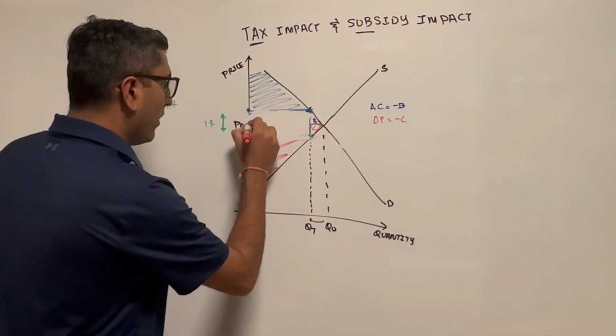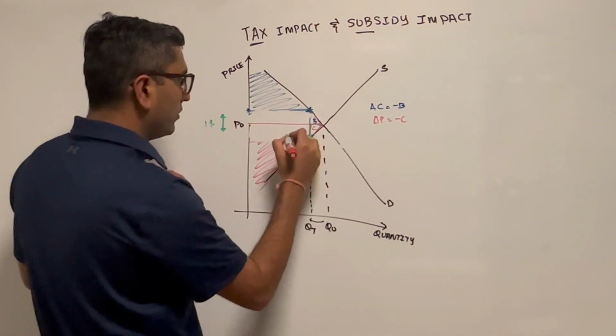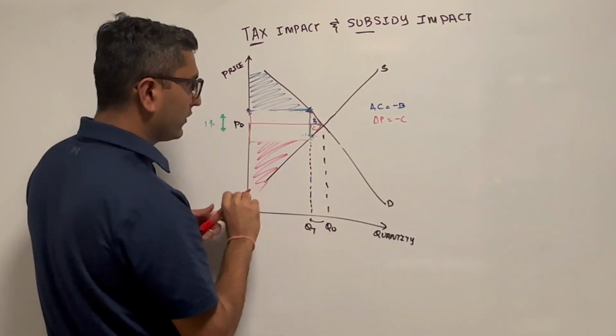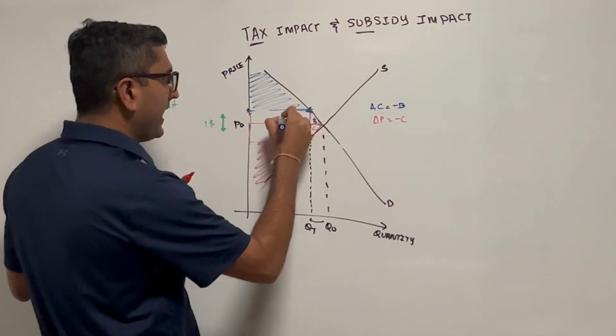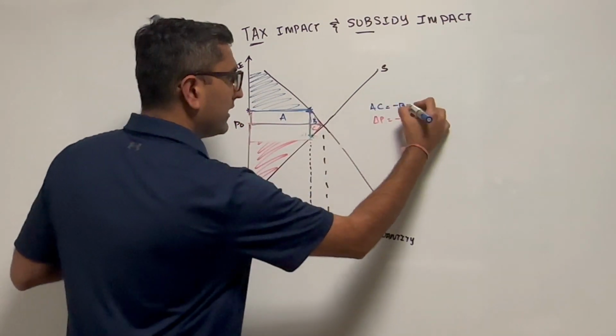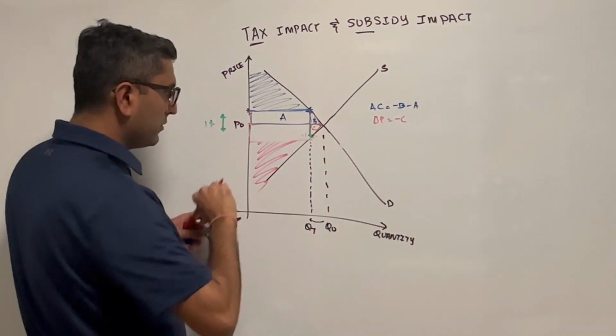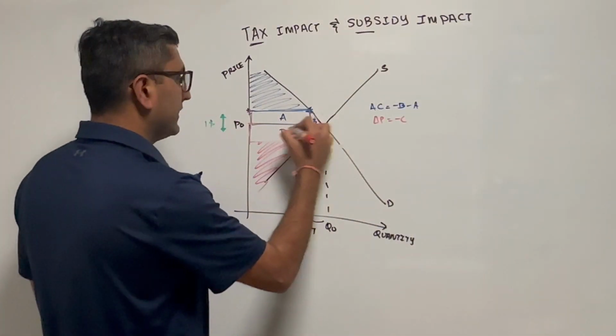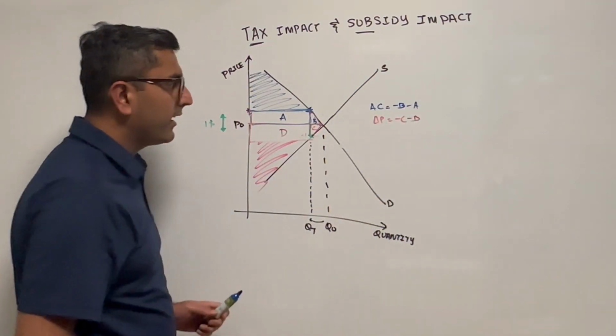So we see how consumers also lost, and how producers also lost. Let's call this A. So consumers lost this rectangle A as well, so minus A, and producers also lost, we'll call it D in this case, minus D.